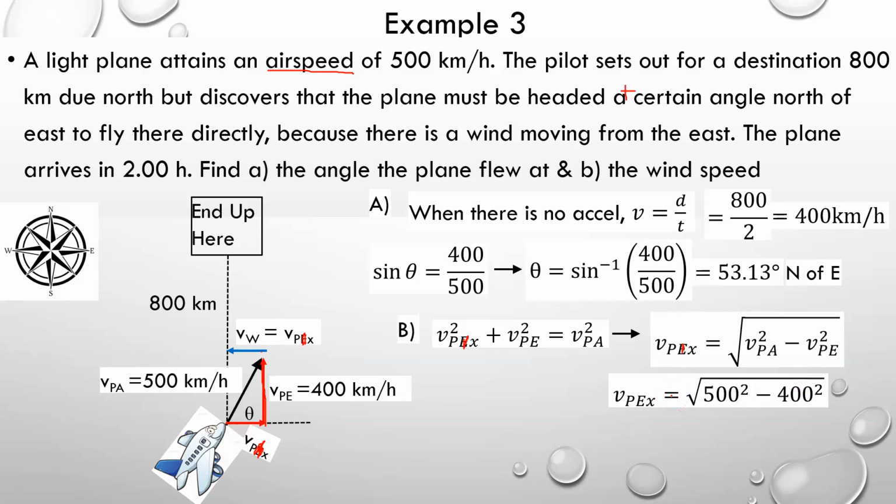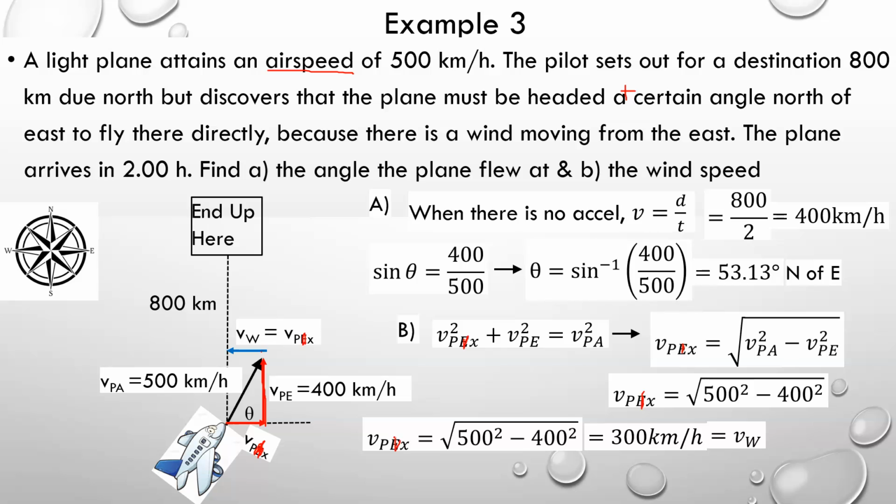And if you're familiar with your special triangles, hopefully you saw that this is a 3, 4, 5 triangle, so that VPX is just going to be 300 kilometers per hour, and that is the same as the wind speed.